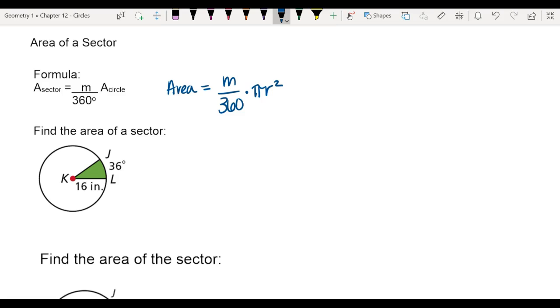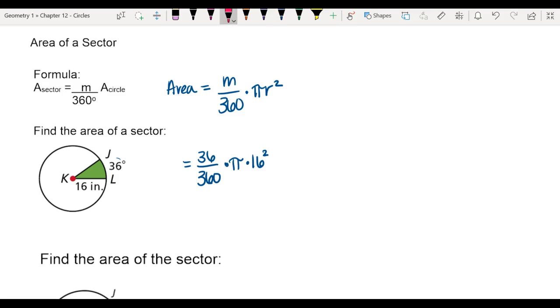It's going to ask you to do the same thing. You're going to multiply your numbers together, and you're going to leave pi alone. So for this first one, it's 36 over 360 times pi times 16 squared.